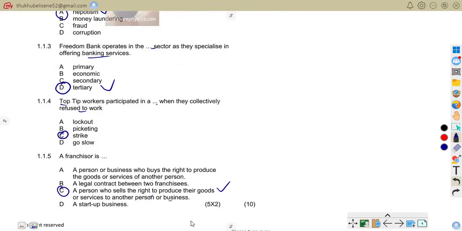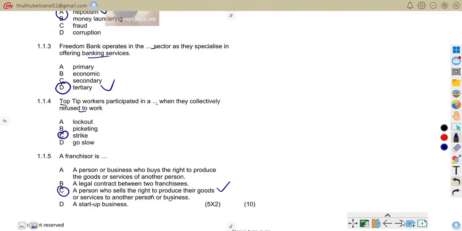So the one who is buying those rights is a franchisee, and the one who sells the rights to produce is a franchisor. Hope we are together on that. So now let us move on to Question 2, Section B.